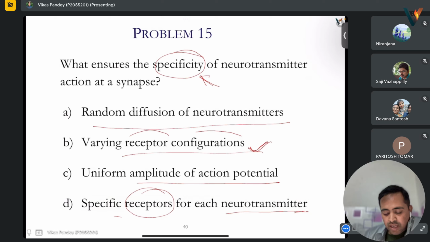I think a different variety of receptors are there, and they have some kind of functions. What I know is that they have a lock and key mechanism, where one kind of neurotransmitter will fit a specific type of terminal. It will not fit into any other.